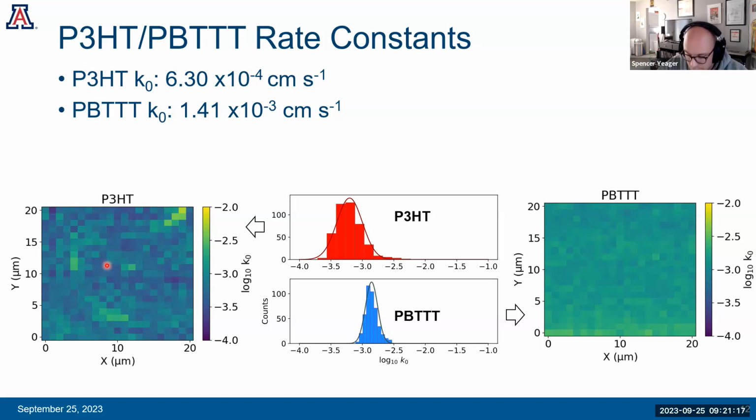Yeah, I do know that ITO does have the hotspots. I didn't think about it in terms of how this would impact the regions of the film, but I do see there are, quote, hotspots in my rate constant plots.